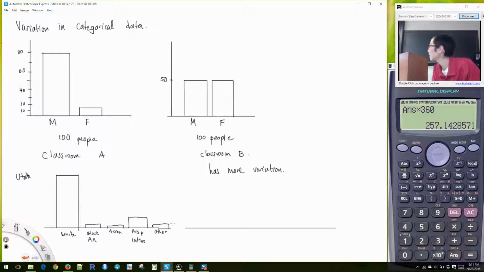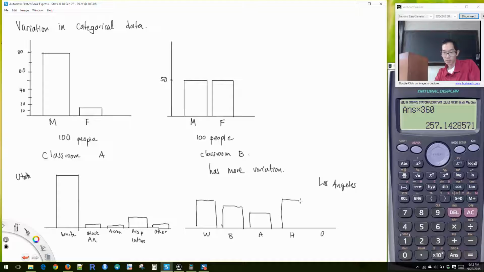And then you come over to, let's say, Los Angeles, and it probably is more something like this. Don't quote me on these bar sizes.